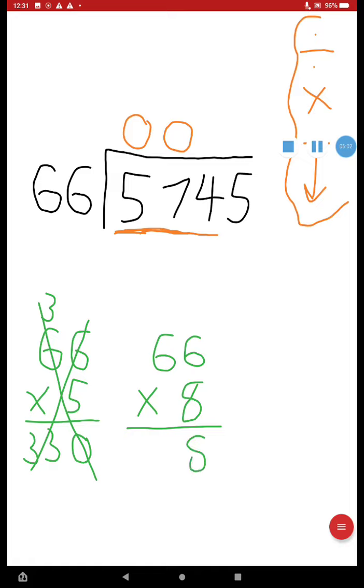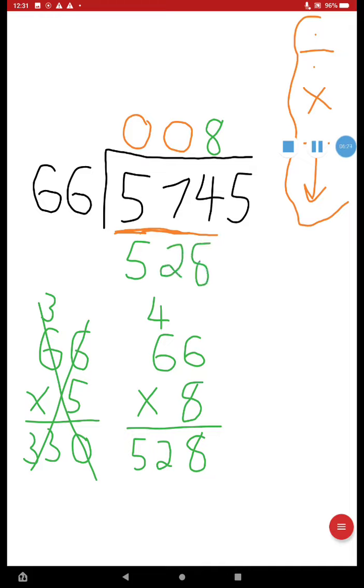Write down the 8, carry the 4. 8 times 6 is 48, plus 4 is 52. Hey, 528? Let's work that in there. 574 divided by 66 is 8. Now multiply. 8 times 66 is 528.